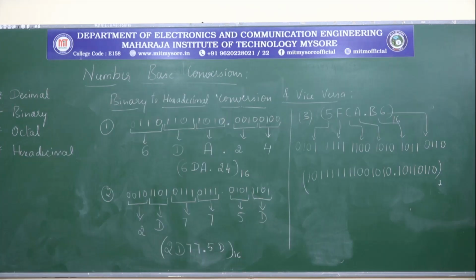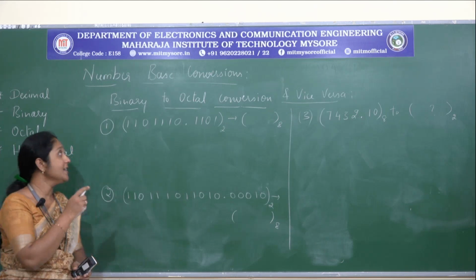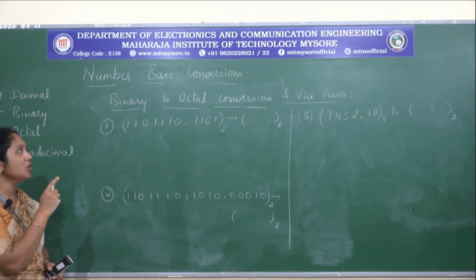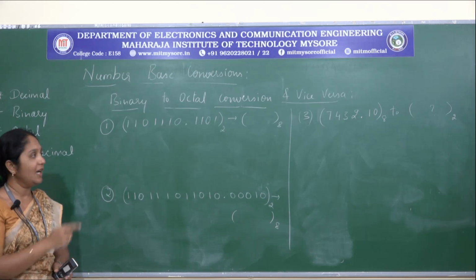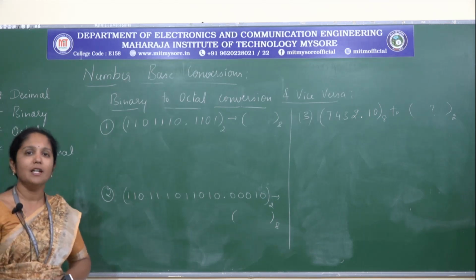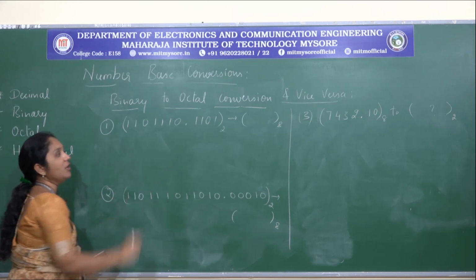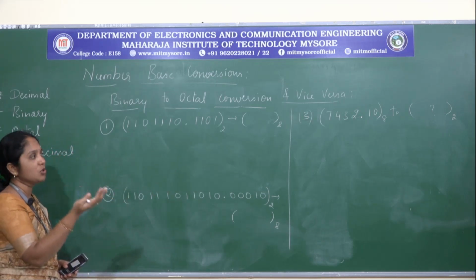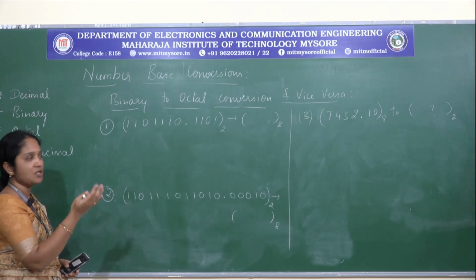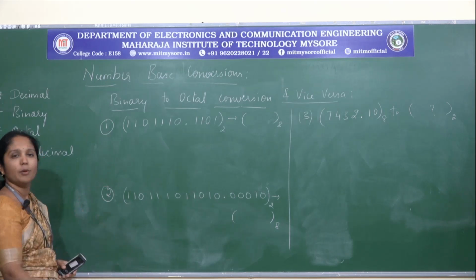Now next conversion, yes, now let us see conversion from binary to octal and vice versa. I have taken 3 examples already, so you can see, I have written 2 binary sequences and I have written 1 octal number, to show the reverse process of converting from octal to binary.